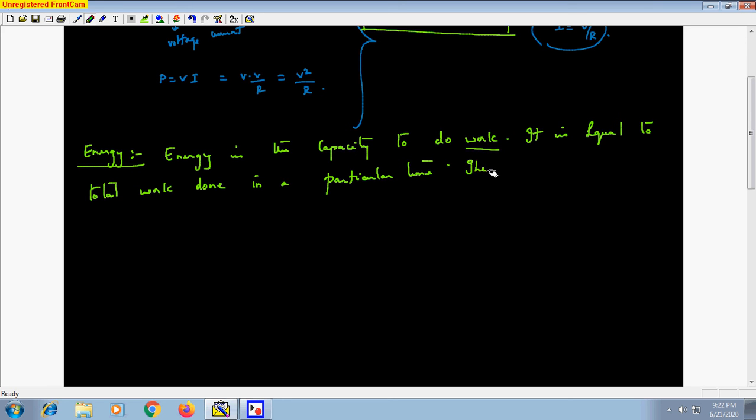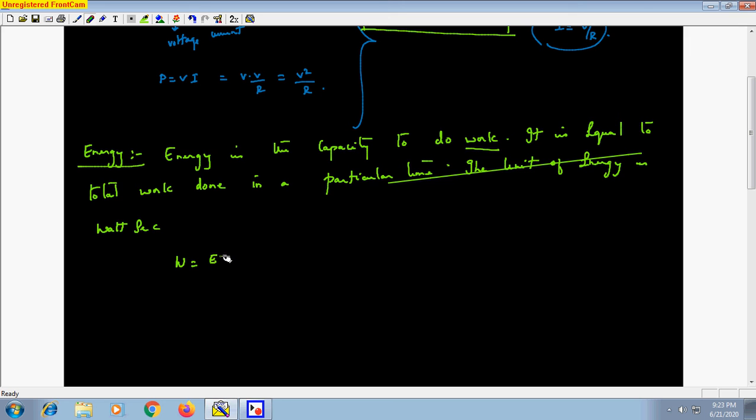The unit of power is watt, and the unit of energy, since it is related to time, is watt second. So let us define how the formula will be. See, W, so energy means work, it's vice versa.